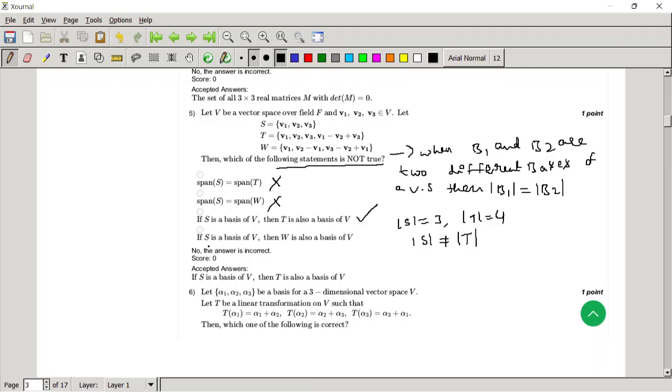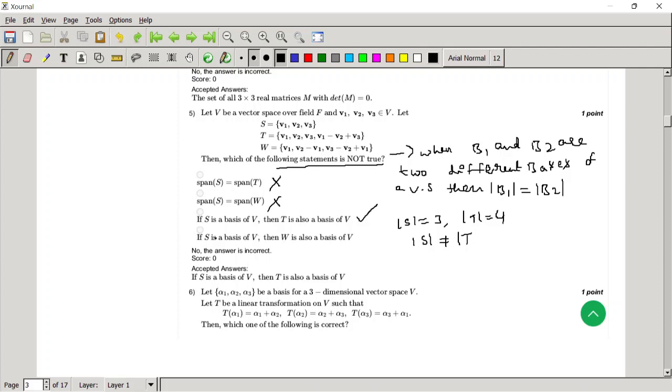Similarly, in the fourth option, by the second option we can check this. If S is a basis of V, we can say span of S equals span of W, that means W also is a basis of V. I'm not writing it here, it would not look good.